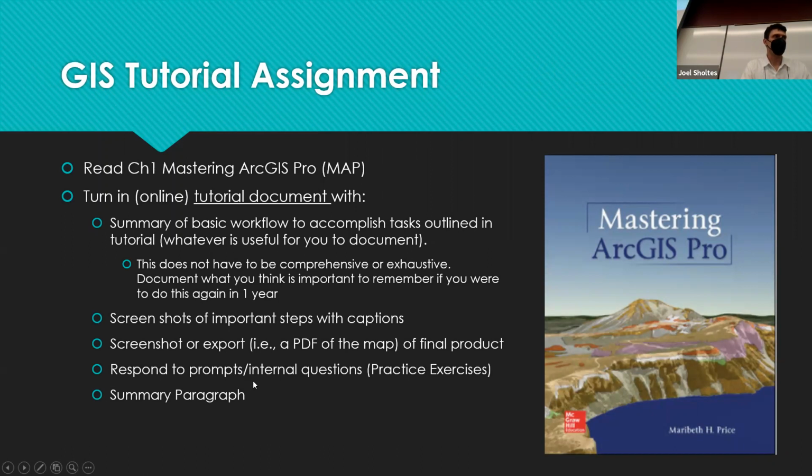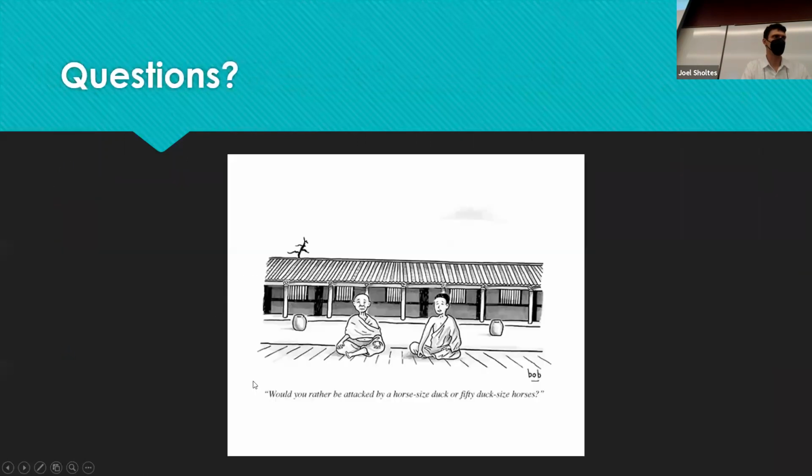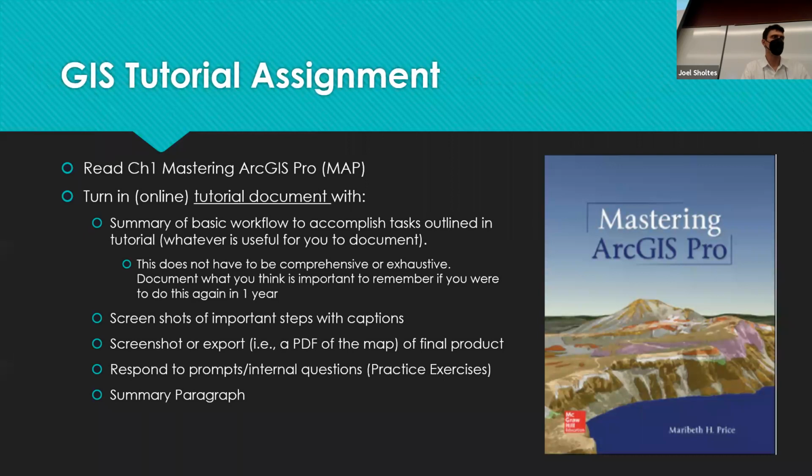And then finally, after the Google Earth assignment, which I have posted now and is due next week, I just want to let you know that we'll do the first chapter in this textbook. You'll do a tutorial document, and I'll post an example of what this looks like.